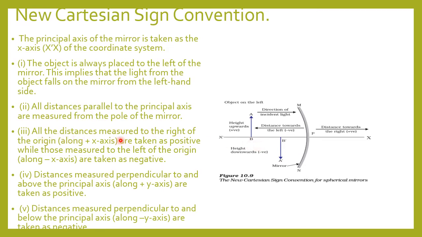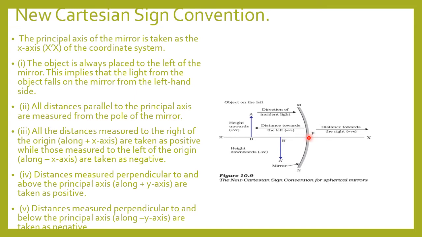Then all distances to the right of the origin, which means your pole, are taken as positive, while those measured to the left of the origin along the x-axis are taken as negative.